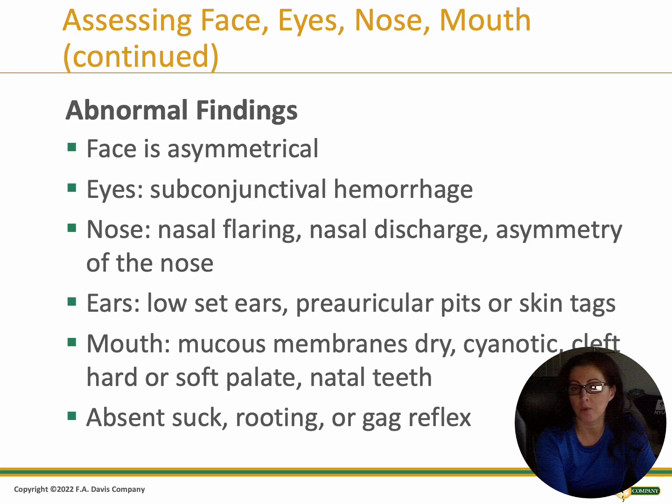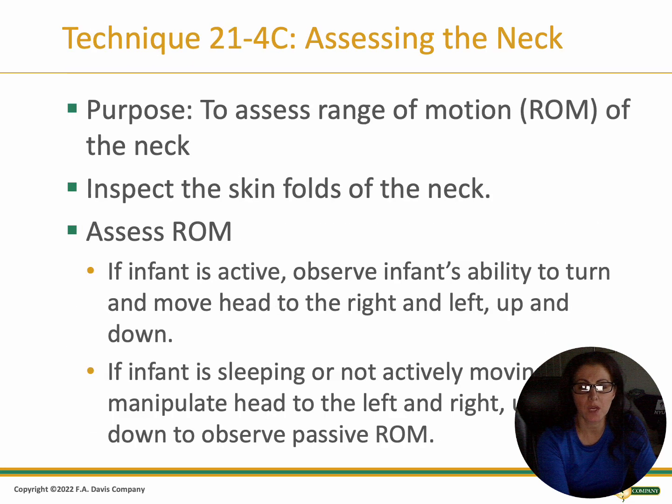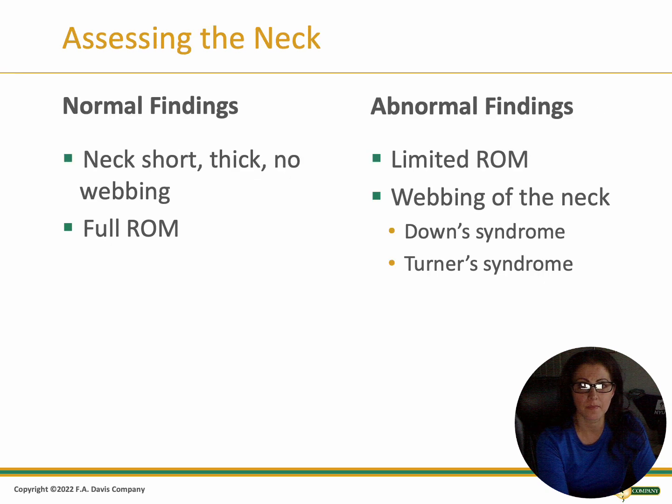And these are abnormal findings, which are pretty much opposite of what we talked about. You can also assess the neck and range of motion of the neck to determine motion and movement. There should be full range of motion, and again, we talked that the neck is a little shorter, thick. There shouldn't be any evidence of webbing that can indicate a chromosomal anomaly, such as Down syndrome.